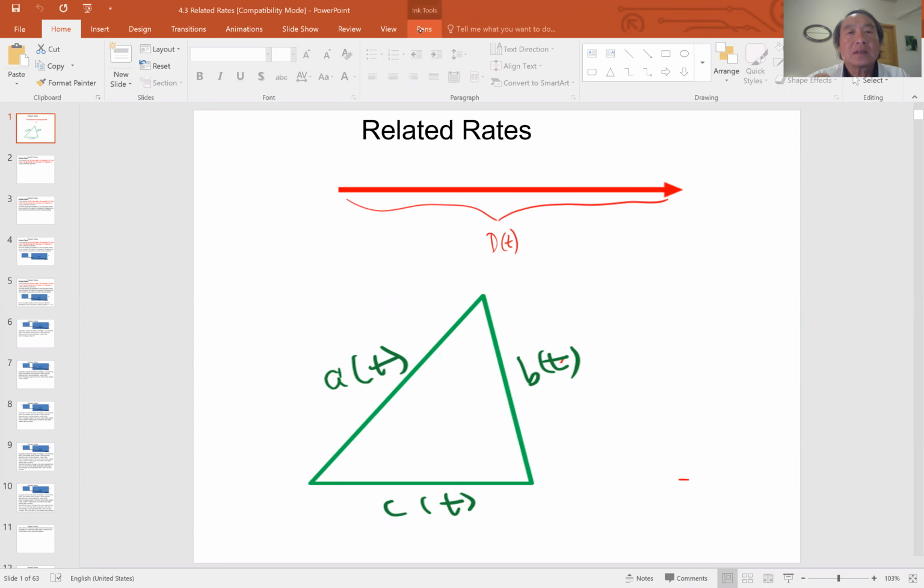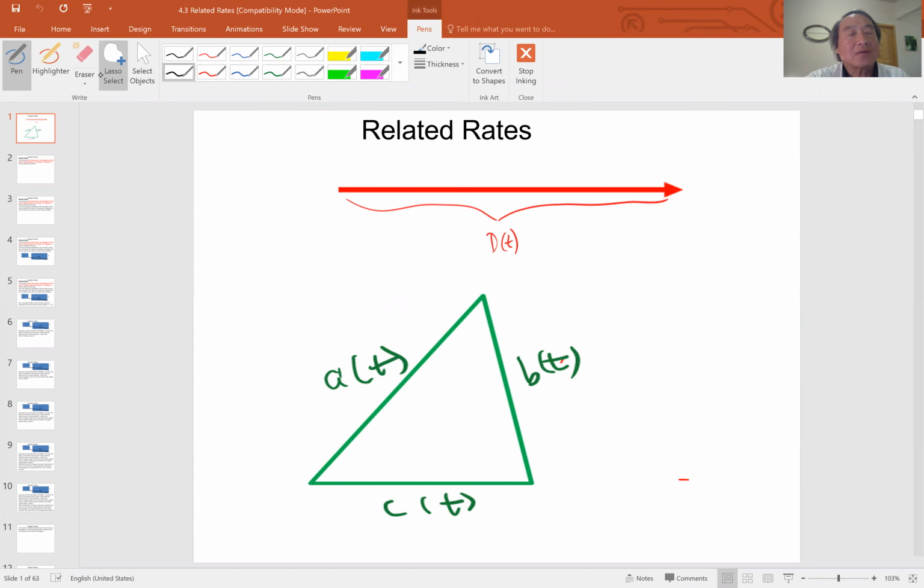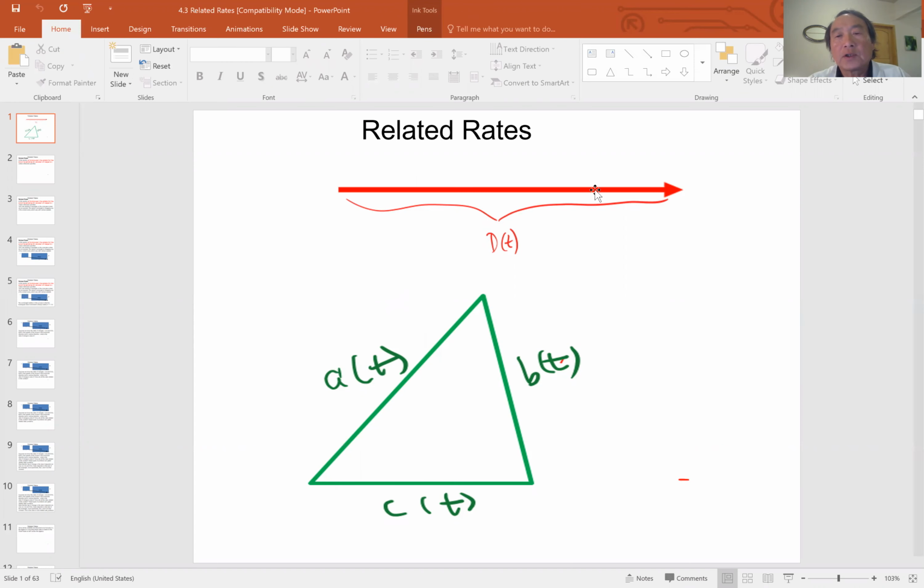One central concept in going through this section is the idea of the change in distance. When we talk about rates, we can talk about changing distance as a rate.